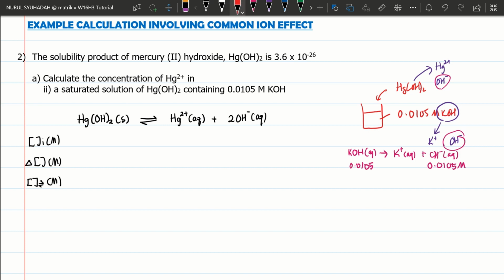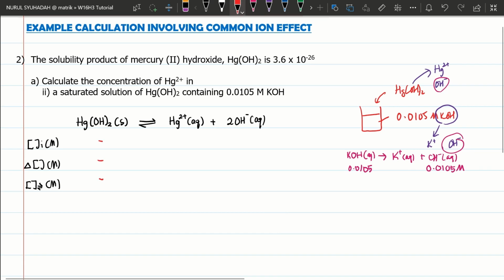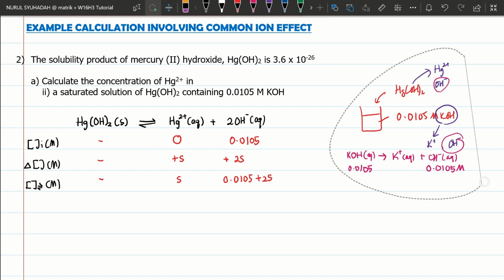So let's substitute the values. So Hg2 plus initially adalah kosong dan OH minus initially kita ada nilai dekat sini which is 0.0105. Okay, yang lain semua sama. So plus S, plus 2S, S and 0.0105 plus 2S. So yang ini saya pindahkan dia ke atas.